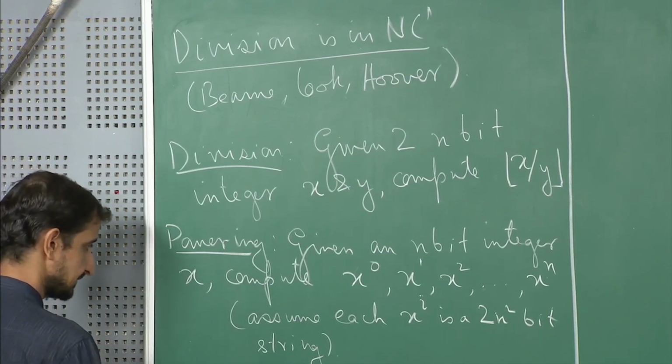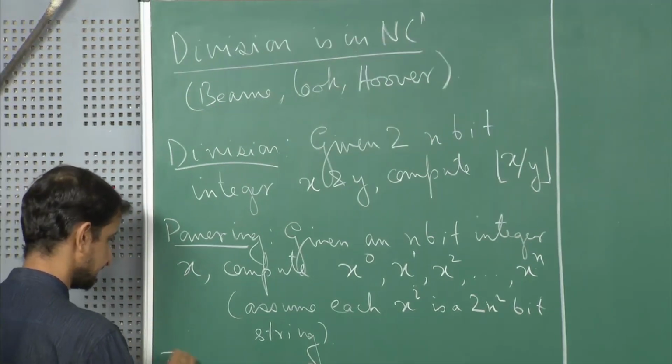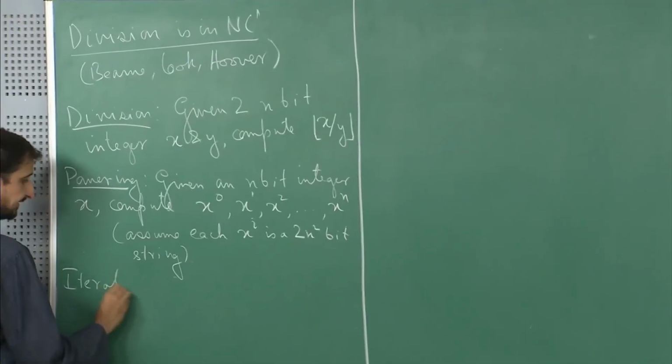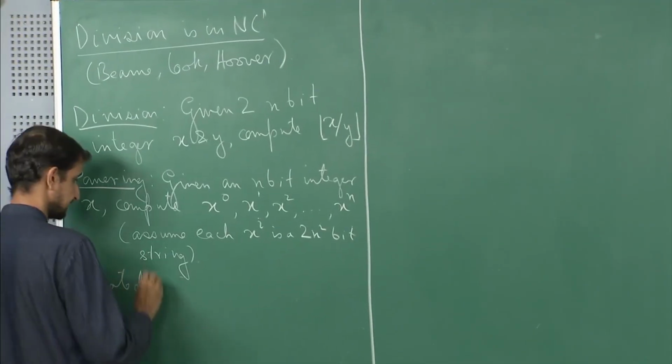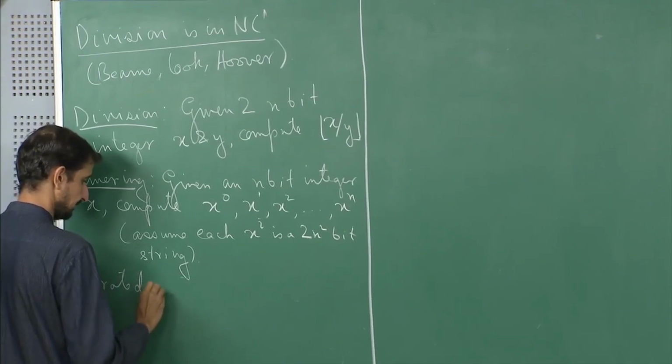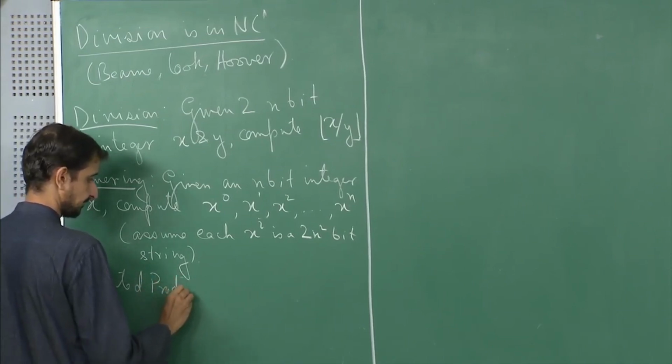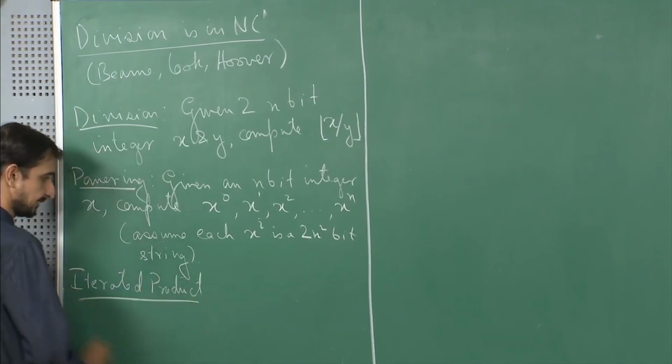The third problem is iterated product. So, we have seen iterated addition and we have seen single multiplication, but now, let us call it iterated product or iterated multiplication.